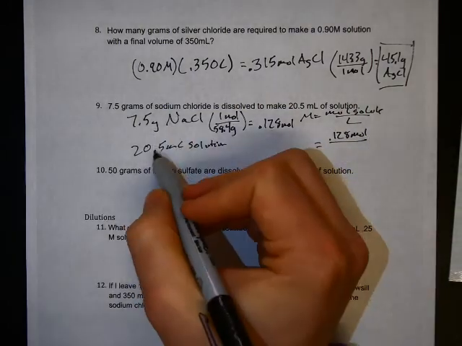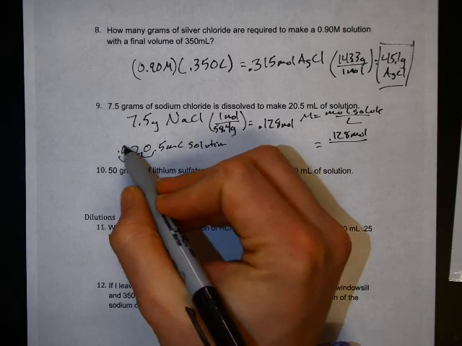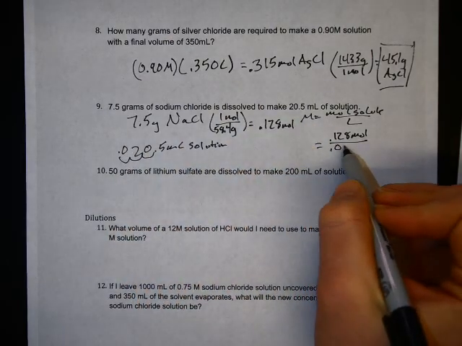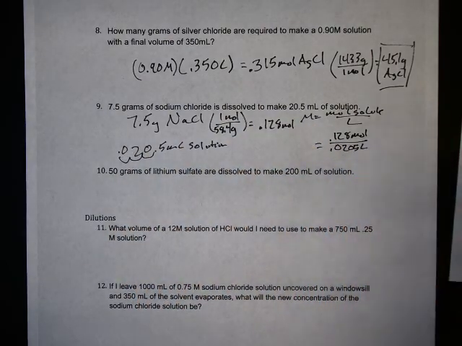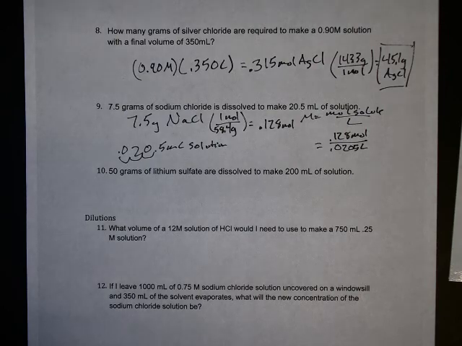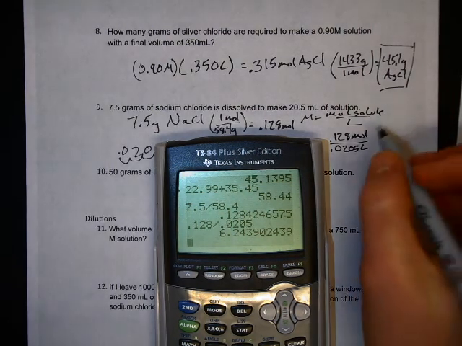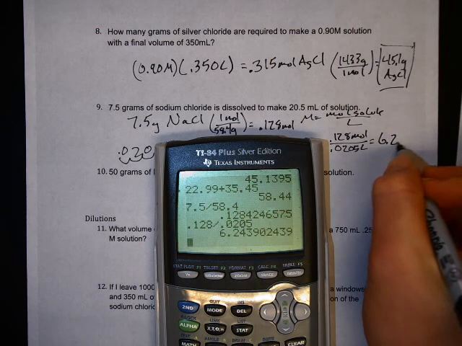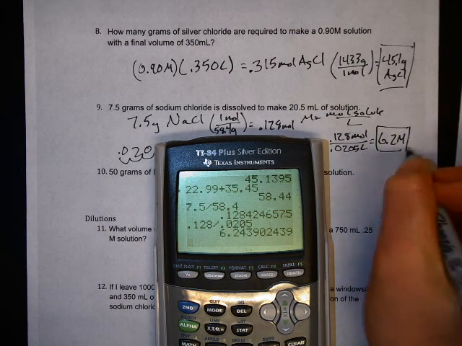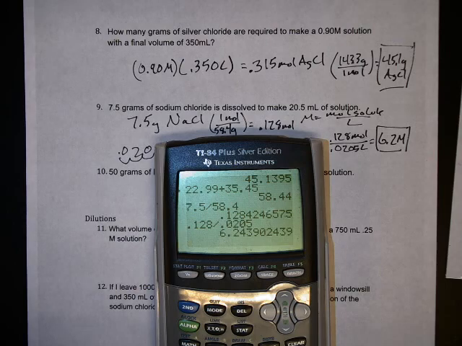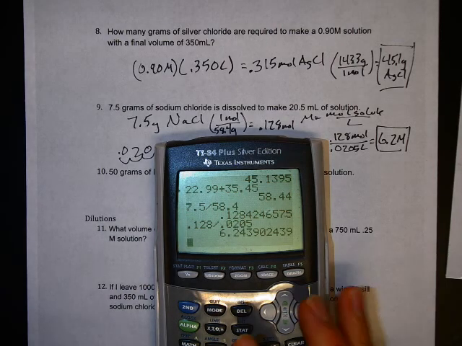In liters of solution, I need to move the decimal 1, 2, 3 spots. I get 0.0205 liters. I take 0.128, divide it by 0.0205 liters, and I get a 6.2 molar solution, or thereabout. Again, as long as you're in the ballpark, you'll get credit.